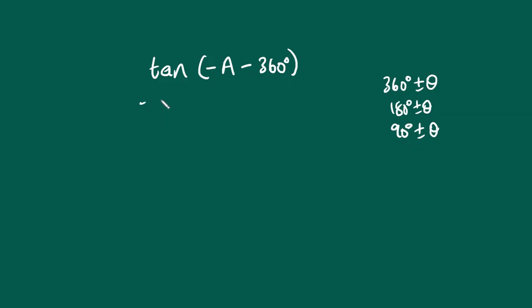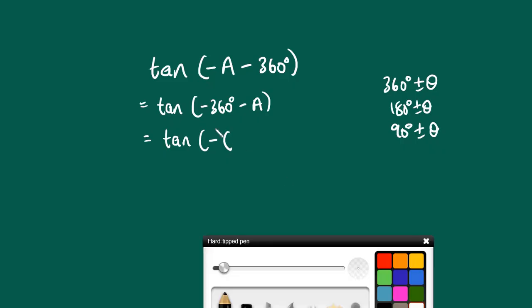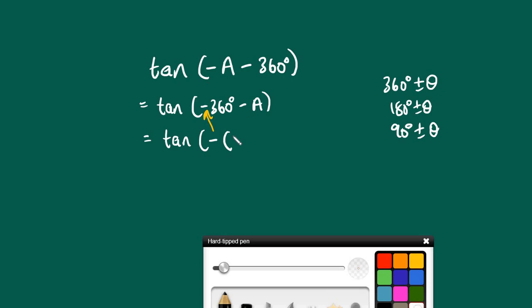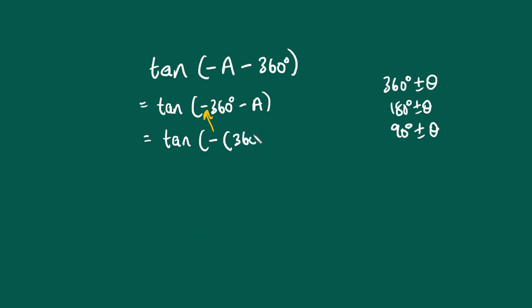So here you'll most probably try to rearrange first so that you have minus 360 degrees minus a. Then from there, remember guys, I said you write tan, then you write negative outside. Then you start: what is negative times negative? That should be positive, so you have positive 360 degrees.